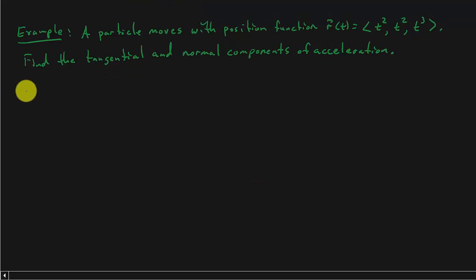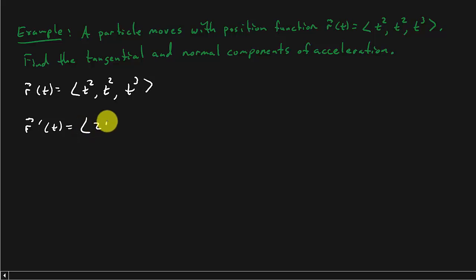Let's write down r. So we've got r of t is equal to t squared, t cubed. And so we have r prime of t is equal to 2t, 3t squared. And then we've got r double prime.